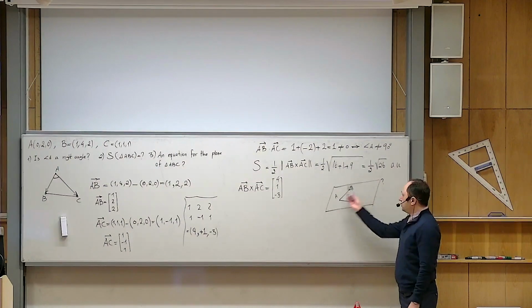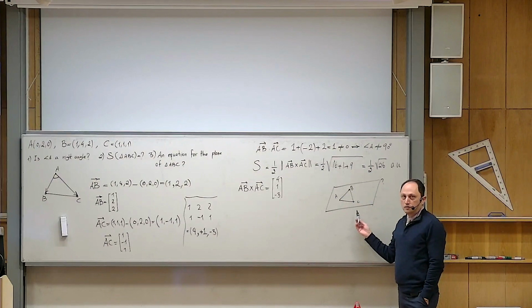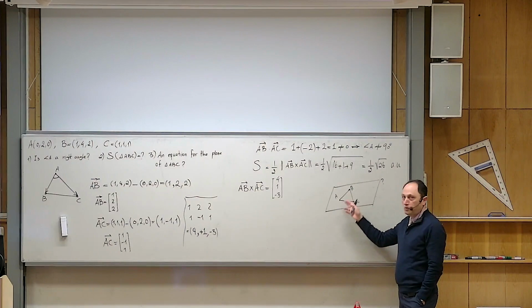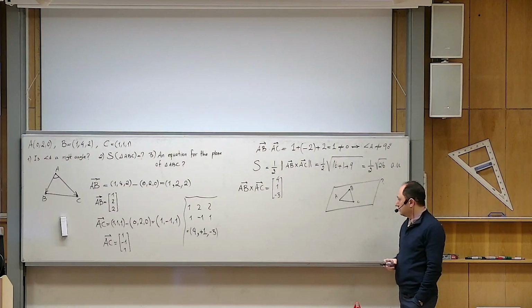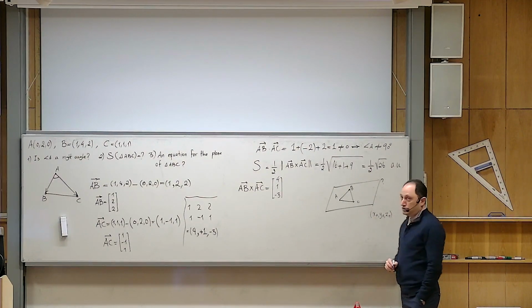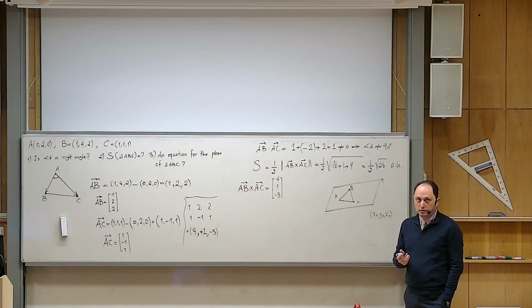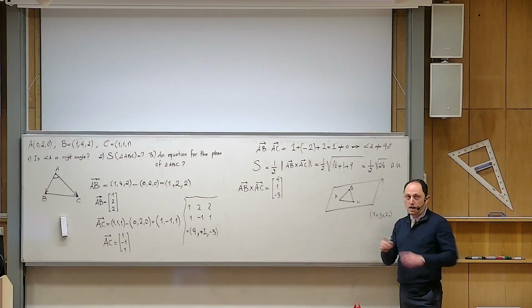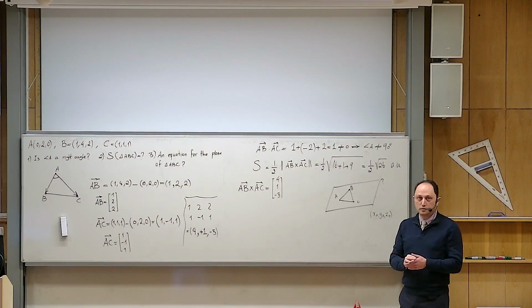So, in order to write an equation for the plane, you need to know this. You need to know one point which is on the plane, and then call it x node, y node, and z node. And you need to know a vector which is orthogonal to the plane. The length of the vector is not important.